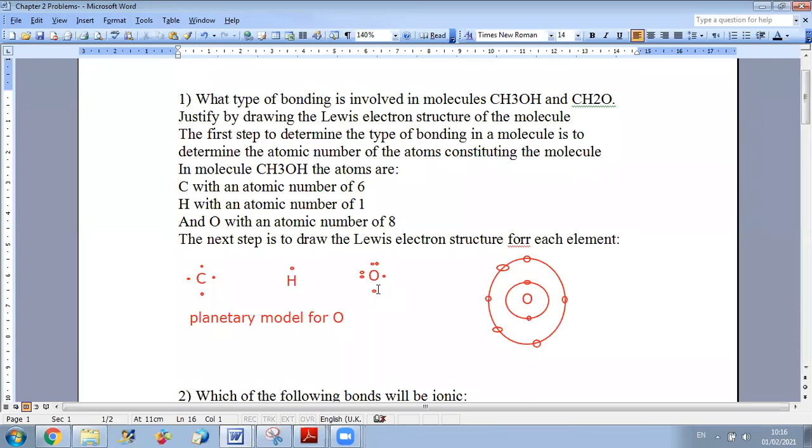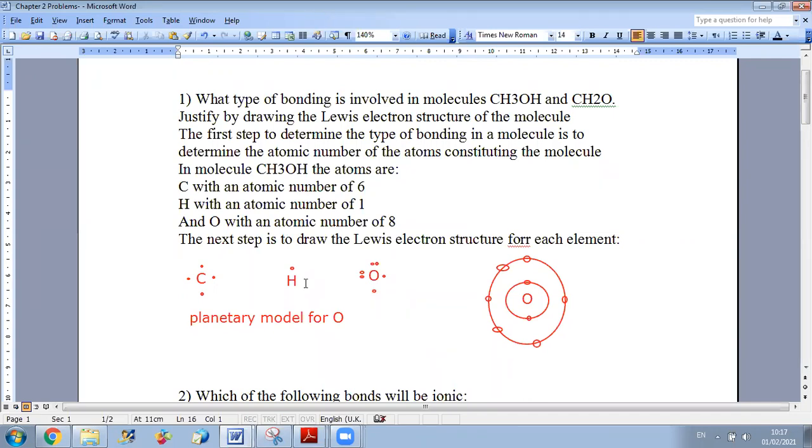First, to have metallic bonding, what was the condition? All atoms involved have a low number of electrons on their final orbit, which is not the case here. We have C and O here, which have a number higher than or equal to 4, and even H here needs just one electron to achieve a stable set of 2.